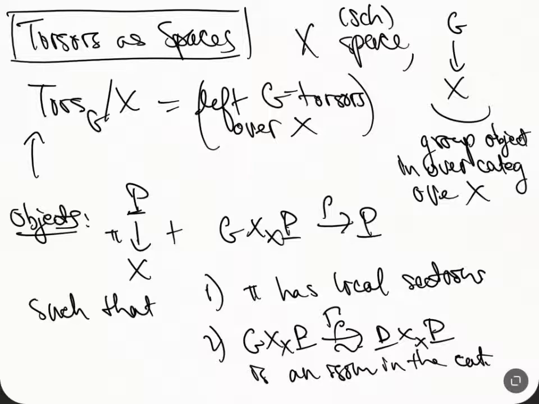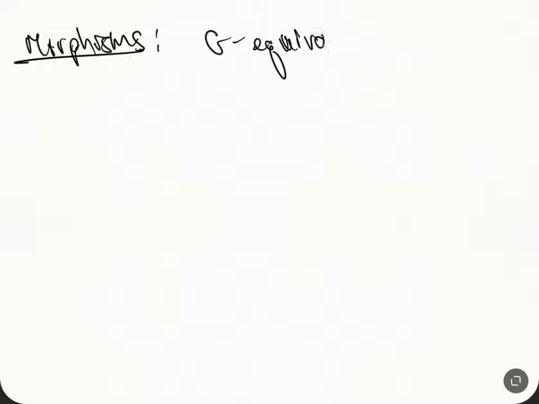Okay, and so like we said before, this is going to be the same thing as being full and faithful. Okay, and so then the morphisms in this setting are going to just be G equivariant maps, as before.